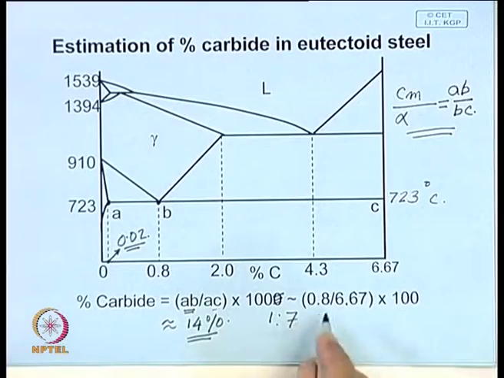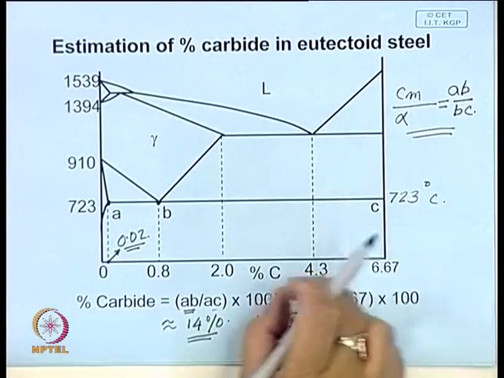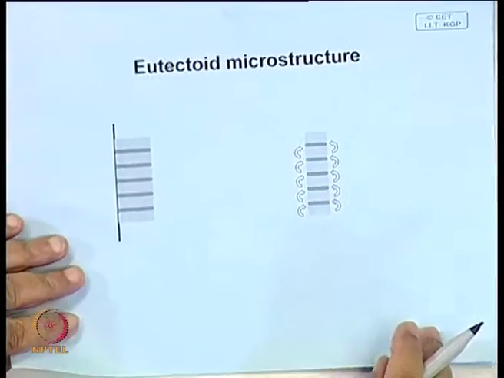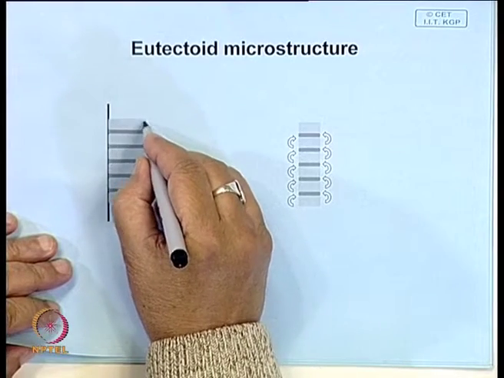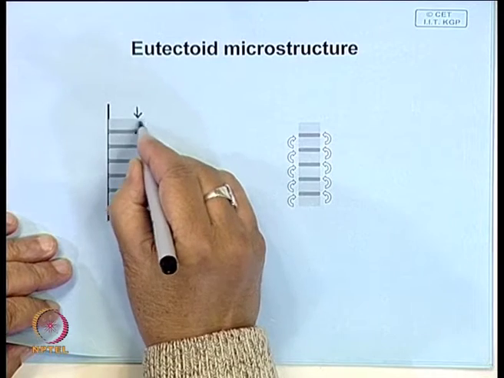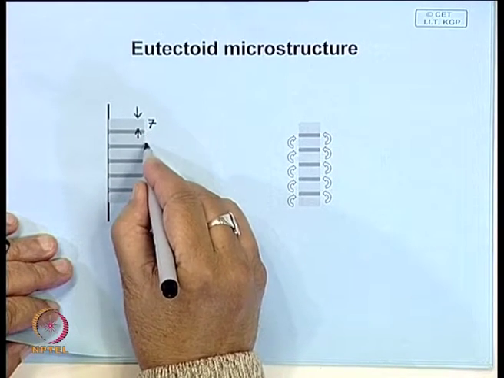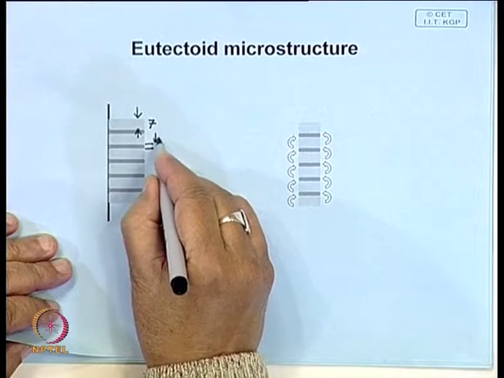And if we make an assumption that the density of ferrite and carbide are nearly the same, this will also represent the volume percentage, and volume percentage is what you see when you look at the microstructure. So, if the width of the ferrite plate is 7, the width of the cementite plate will be around 1:7.